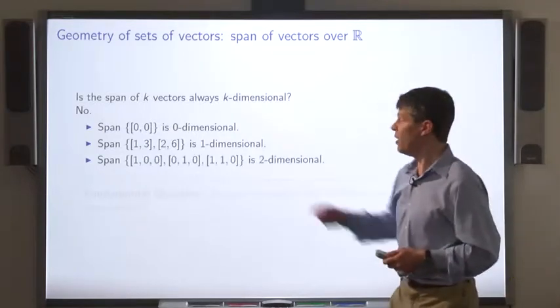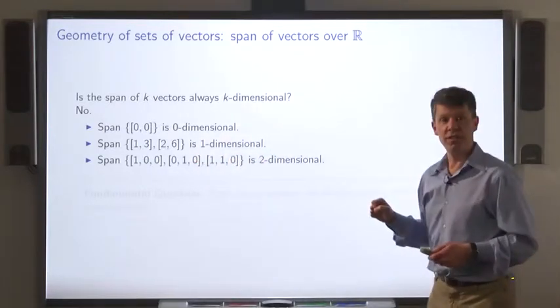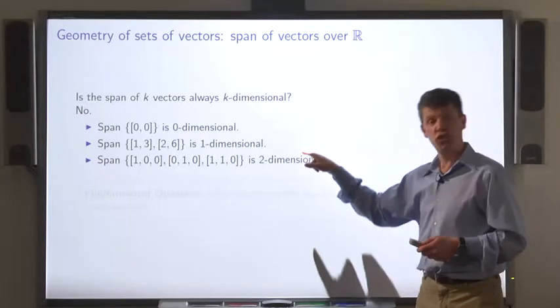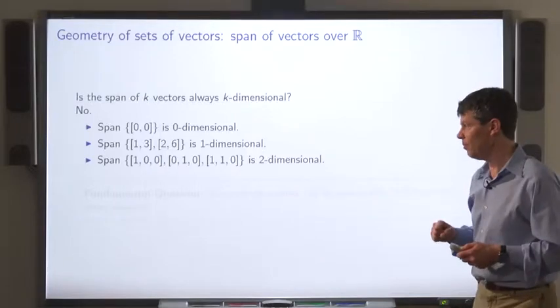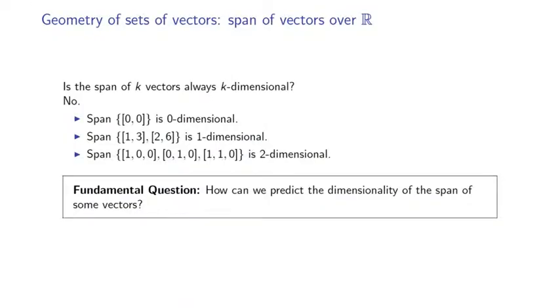The span of these 3 vectors is a two-dimensional object, a plane, which raises a fundamental question. Given k vectors, how can we predict the dimensionality of the geometric object that's formed by their span?